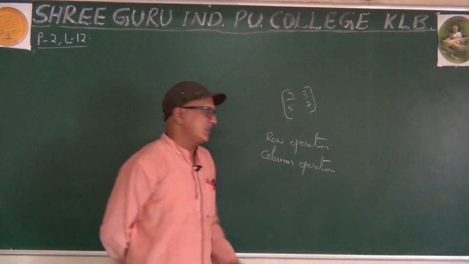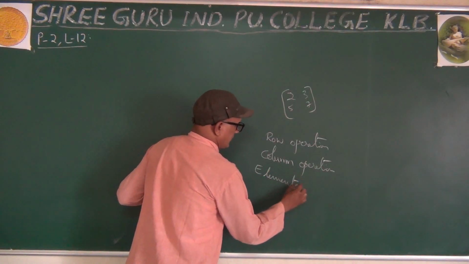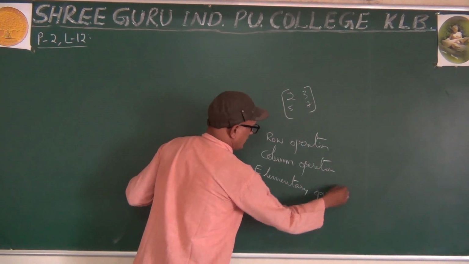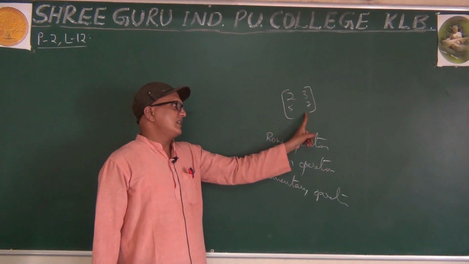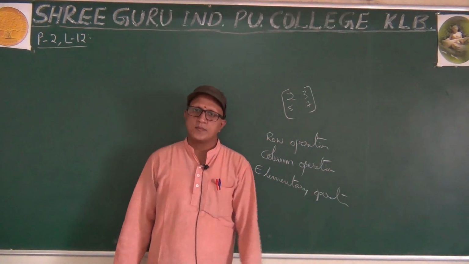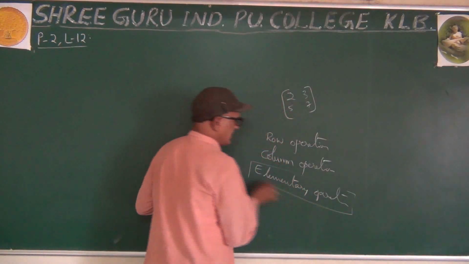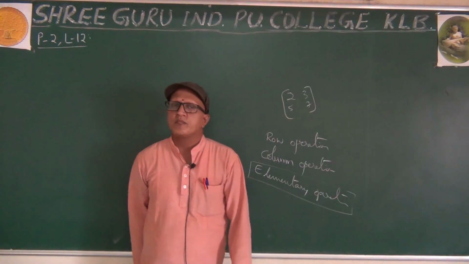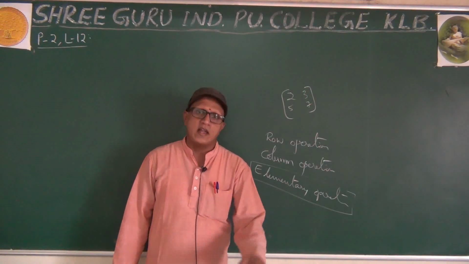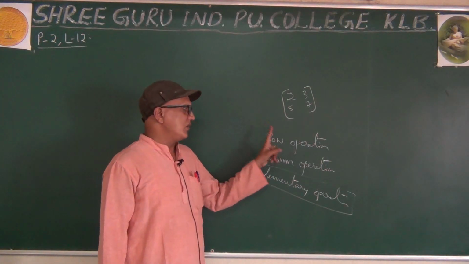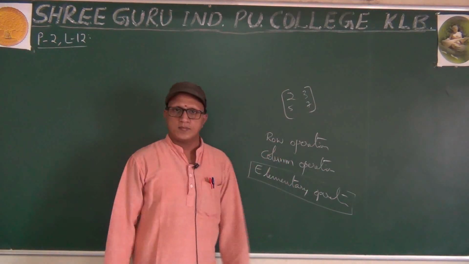In general, how do they ask the question? Find the inverse of the matrix 2, 3, 5, 7 by using elementary operations. If they ask this in the question, listen very carefully: you can follow either row operation or column operation.